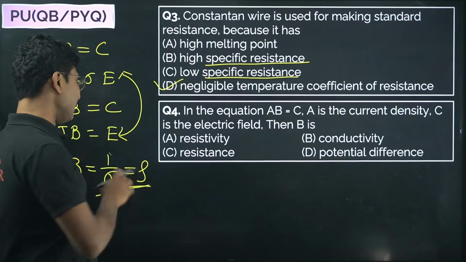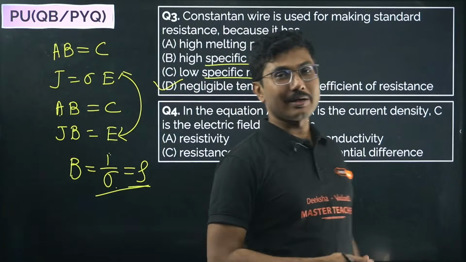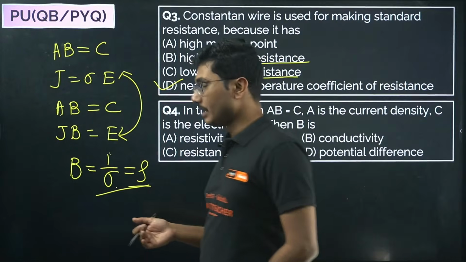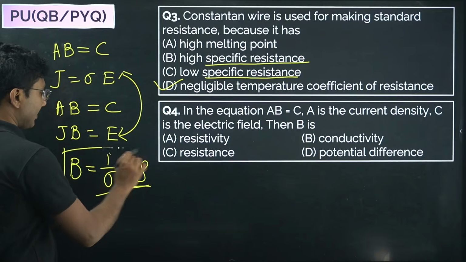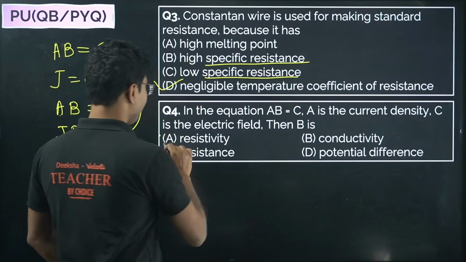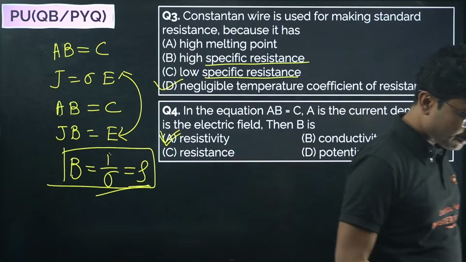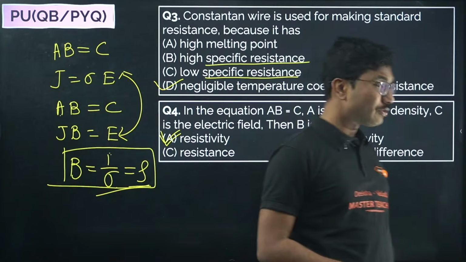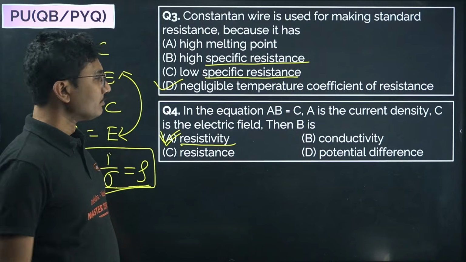Similarly, a good conductor will have a very high conductivity, a bad conductor will have a very low conductivity. So if you compare these two equations, you will get that B is nothing but resistivity. So not option B, but option A is correct, right, G Sod? So the correct answer is resistivity, not conductivity.